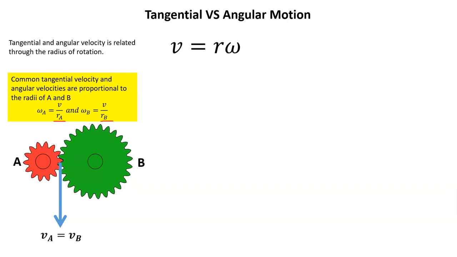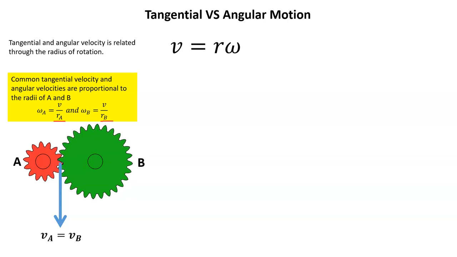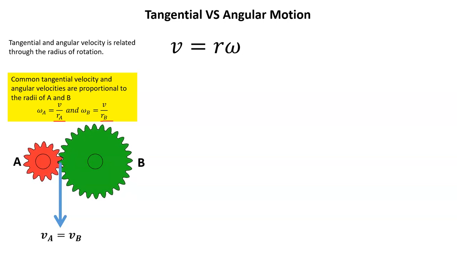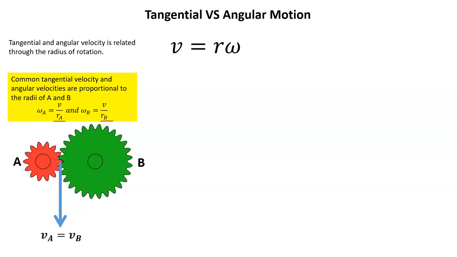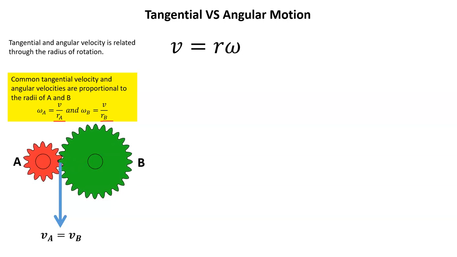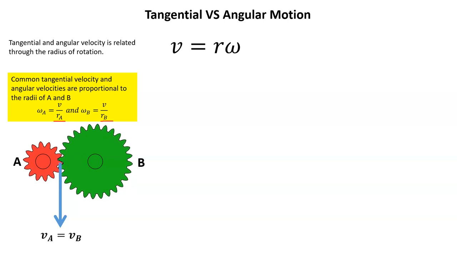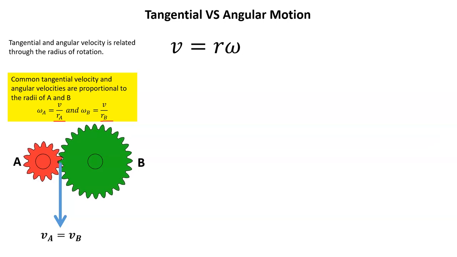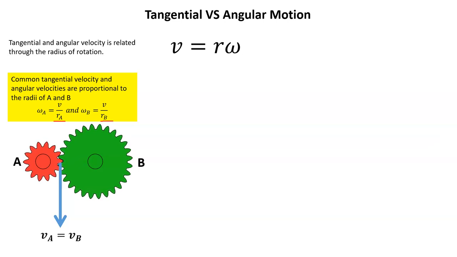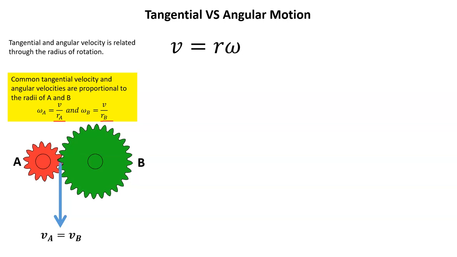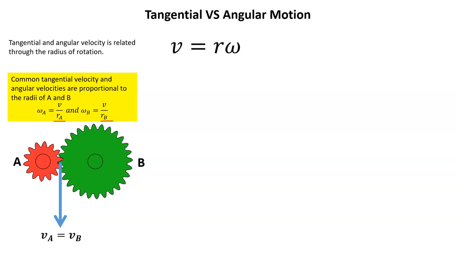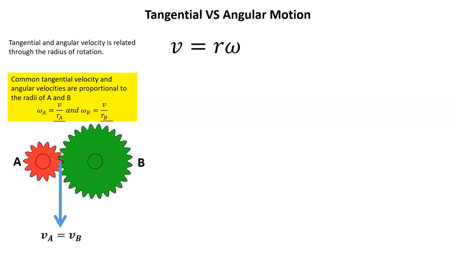So the angular speed of one is causing a speed up or slow down in inverse proportion to the radius. In this particular setup, if gear B was the driver gear, it would be causing gear A to go at a higher speed in proportion to that radius, but it would have a common tangential velocity.